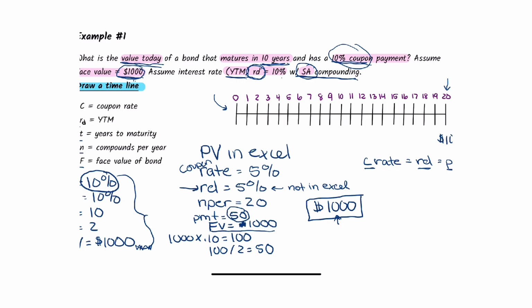So the present value is what you pay. The coupon payment is what you get per compounding period. And then at the end of maturity, you get the face value of the bond, which in this case is $1,000. So you're getting your $1,000 back, plus all of the money that you've made in the coupon payments.